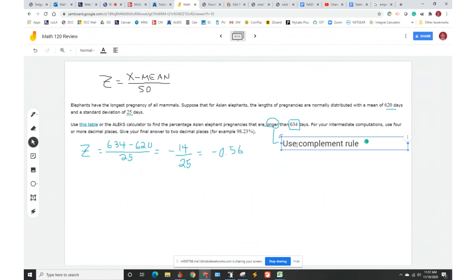Because what's going to come back from the calculator or the table is less than. So let me just write this out real quick.